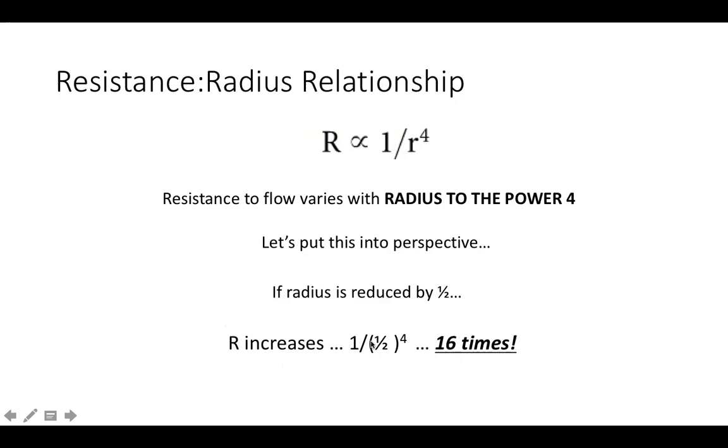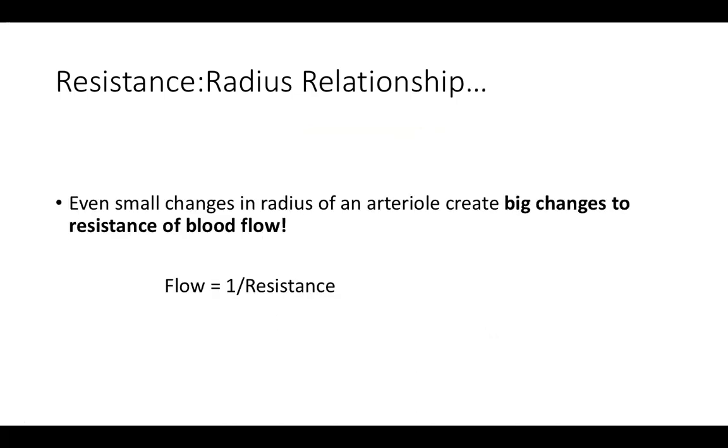So we have 1/2, but it's raised to the exponent 4, which would give you 1/16, meaning that there's 16 times the resistance to flow. So a tube with its radius cut in half is going to have a 16 times harder time flowing through that circuit. So very small changes in radius can lead to huge changes in the resistance to flow.